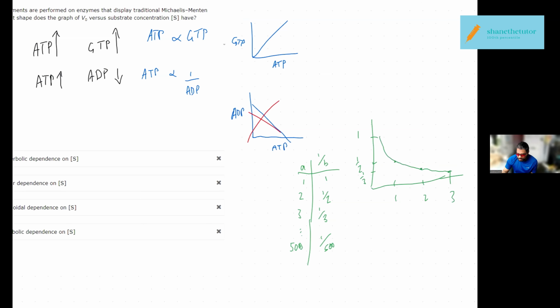And if you ask yourself, what number can this not be? The number in the denominator. Well, it can't be 0 because 1 over 0 is undefined.